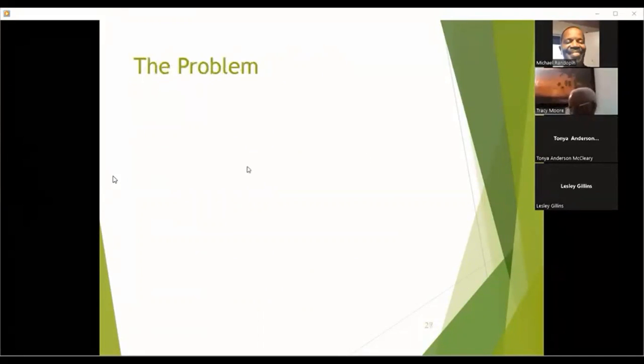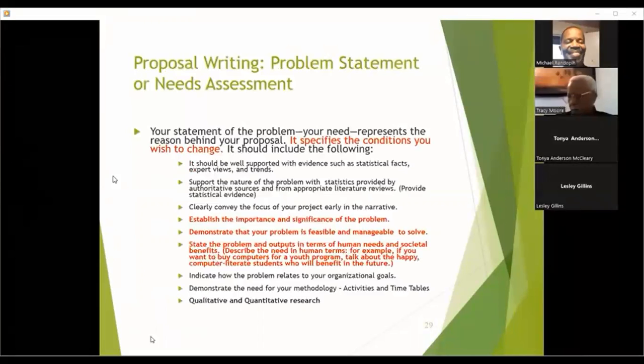The first part of starting a grant is to identify your goals, your objective, your vision, and your mission. It is to identify what the problem is. By identifying what the problem is, you want to specify what condition you want to change.